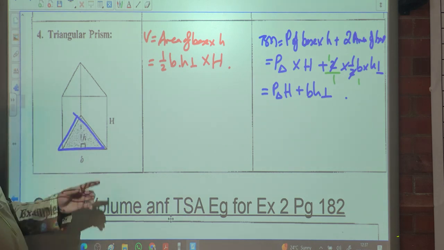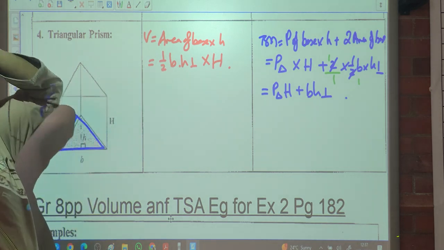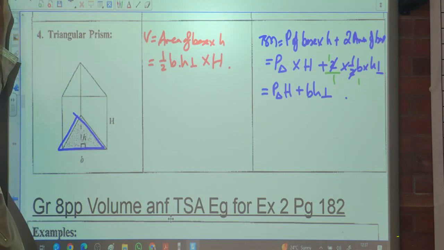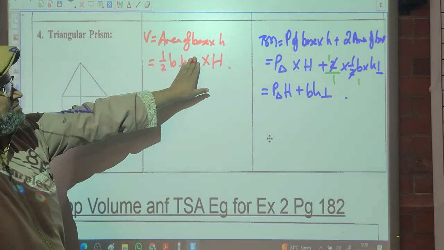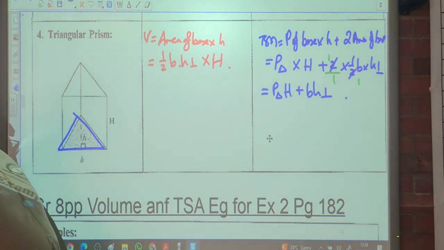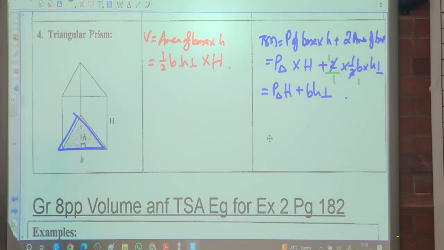We just indicate perpendicular height with h perpendicular. It's going to be safer for us to stipulate it. At the end of the day, if you substitute the right values in and you didn't put this perpendicular height in, you're going to get full marks anyway. We just do that so that you guys don't get confused.